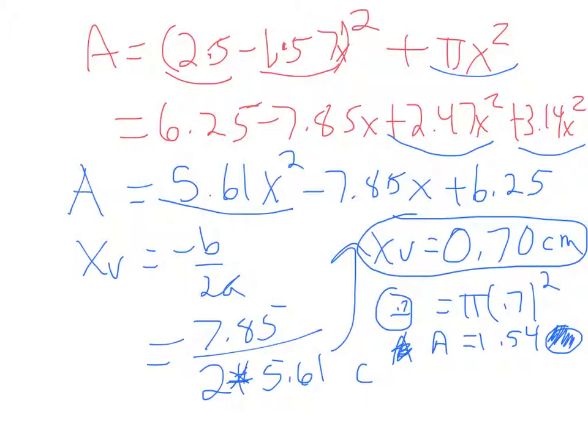The circumference on the circle is equal to 2 times pi times 0.7, which will equal 4.40 centimeters. And I'll just go to the next page.